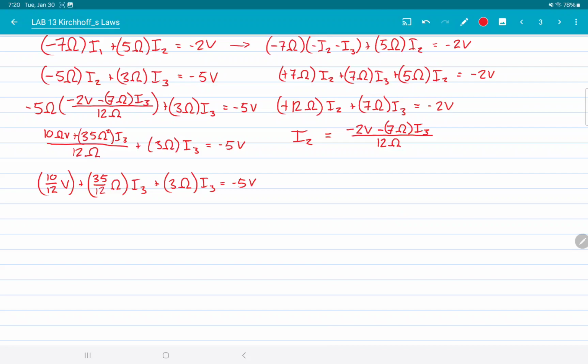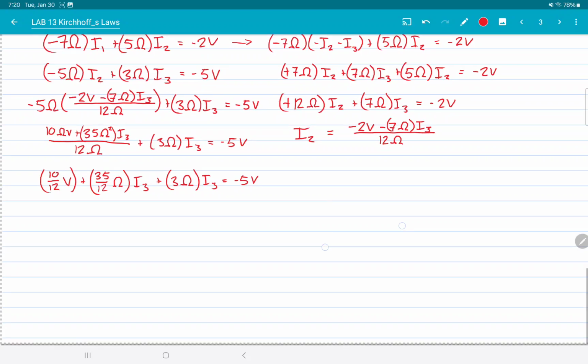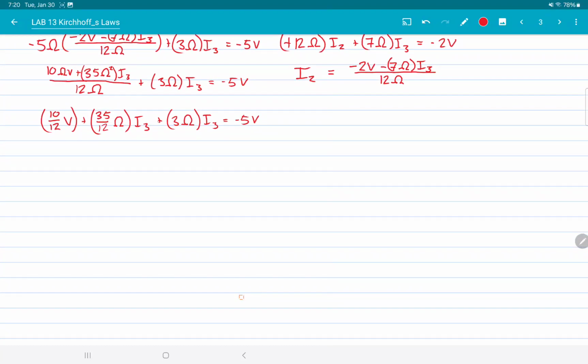Okay, because again, the ohms squared divided by ohms would just leave me ohms. Combining these, I'd have 35/12 ohms plus 3 ohms I3 equals minus 5 volts minus 10/12 volts.